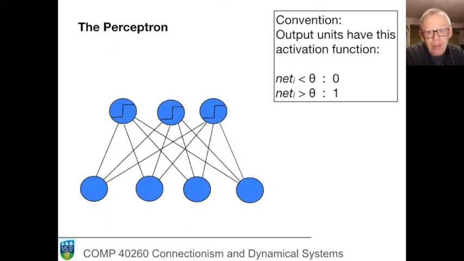And if the input is less than some threshold, the output is 0. And if the input is greater than some threshold, they output a 1. Very, very simple. Now, the term perceptron is sometimes used loosely in the literature to refer to a broader class of networks. But strictly speaking, it's a two-layer network with a discontinuous stepwise activation function at the output units.